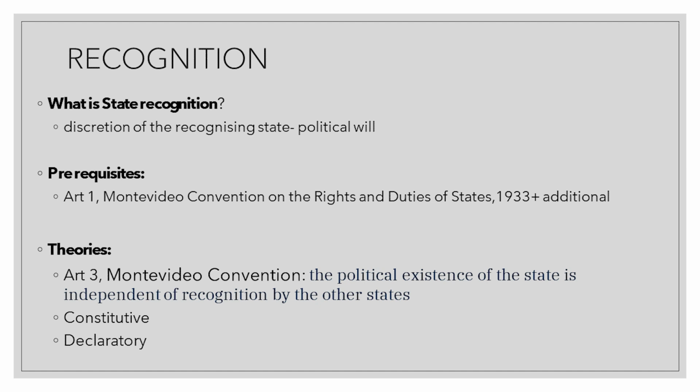But that state has definitely come into force. So state X, if it fulfills the 4 conditions that we discussed, has become a new state. States A, B, C, D may recognize it later on. But if states A, B, C, D have not recognized state X as a state, that does not cease the political existence of state X. That means state X is still there.